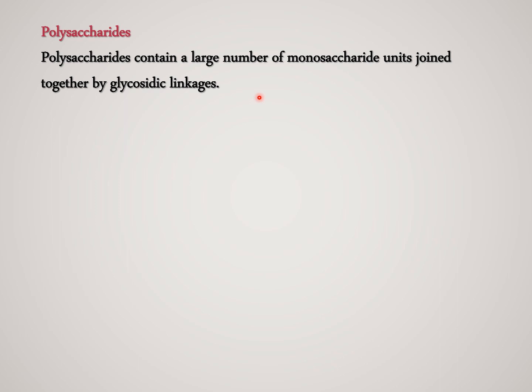And here polysaccharides are quite heterogeneous, and they are macromolecules with very distinct properties with respect to monosaccharides, which are their building blocks. Generally, polysaccharides are amorphous or partially soluble or insoluble in water.